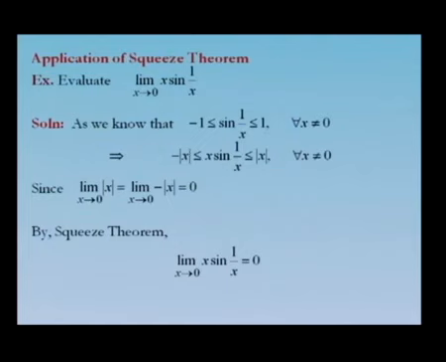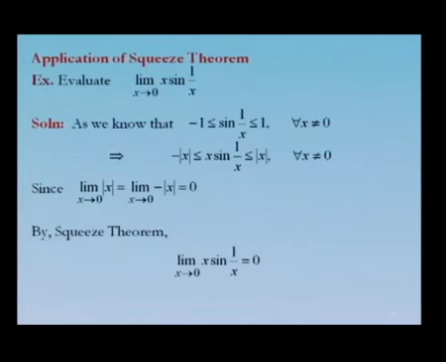Let's take an application of this theorem. Suppose we want to evaluate the limit x tends to 0 of x sine 1 upon x. To evaluate this, we will use the squeeze theorem. First, you note that sine 1 upon x lies between minus 1 and 1 for all non-zero x.